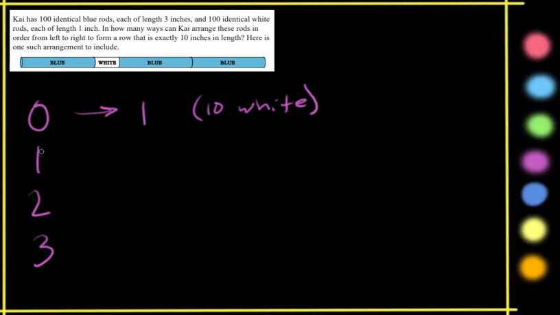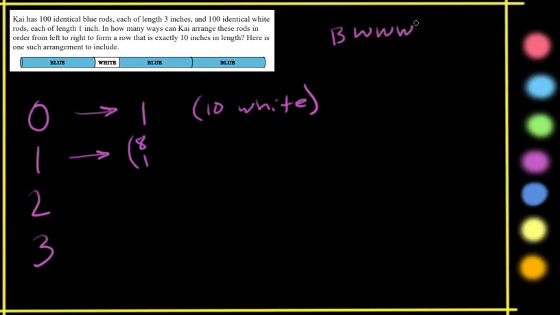And then if there's 1 blue, the total number of rods is going to be 8 because we're going to have 7 whites and 1 blue. So out of those 8, we have to choose one of them to be the blue. For example, we could do blue and then 7 whites.